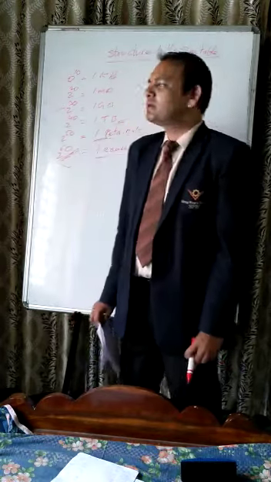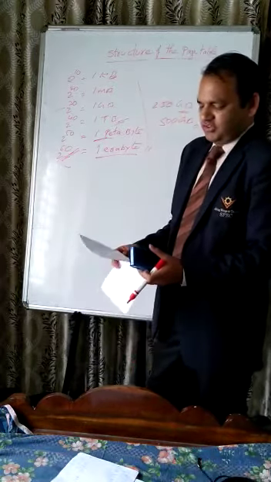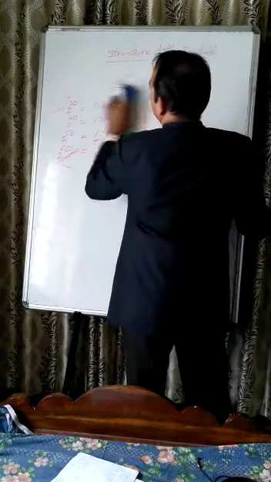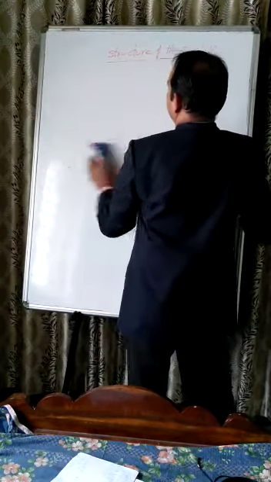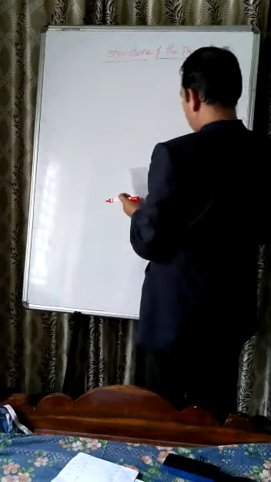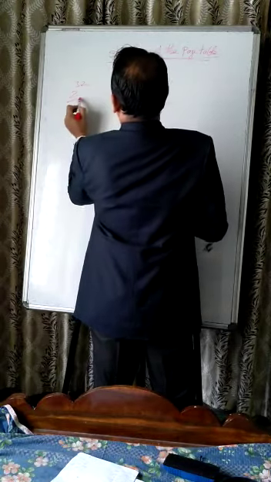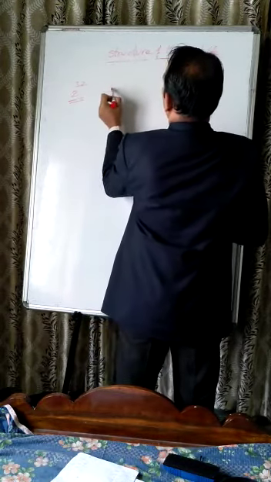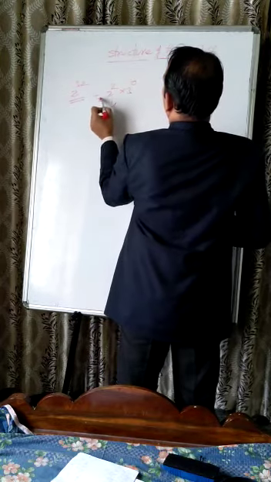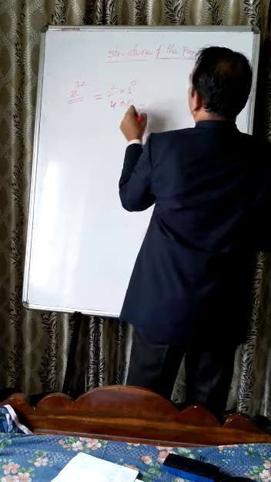The best way to represent this, in today's class, we'll discuss hashing, the hashed page table. For 2 power 32, 2 power 2 into 2 power 30 is equal to 4 GB.